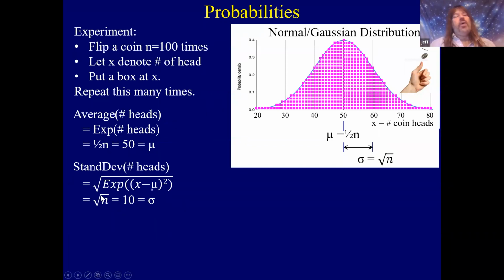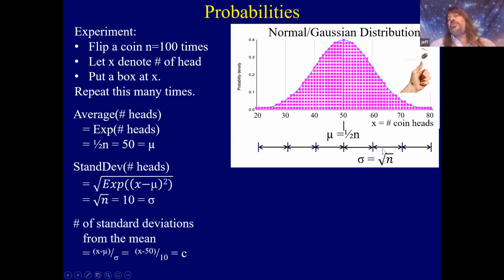But right now, all you have to say is, we flipped the coin n = 100 times, and the standard deviation turns out to be the square root of n, which is 10. So here's a distance of 10 from 50 to 60. We're going to take steps of size 10, the standard deviation.